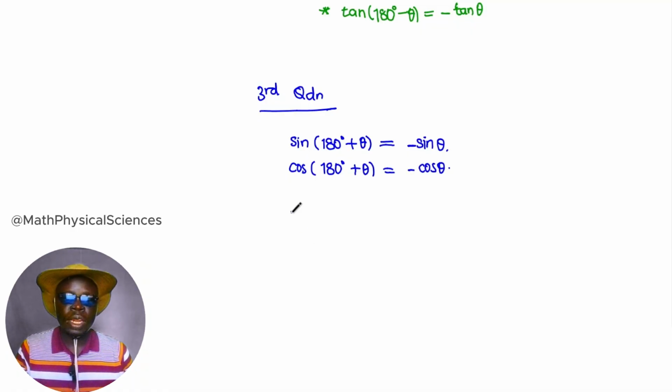So let's move on to the last one. The third quadrant has 3 of these co-functions, and we have tan of 180 degrees plus theta equals tan of this angle theta, and tan at this quadrant is positive, so therefore it remains here as positive.